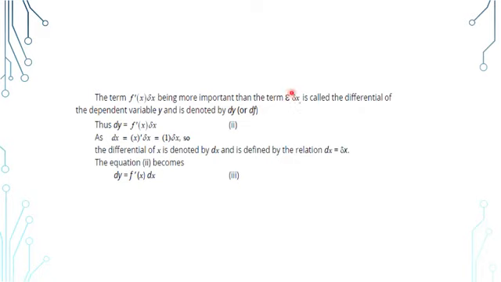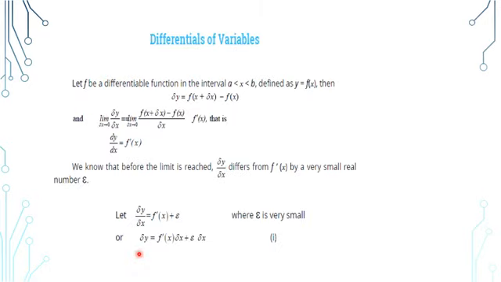So this term can be neglected, and f dash of x del x is called the differential of dependent variable y and is denoted by dy or df. So dy is equal to f dash of x dx.